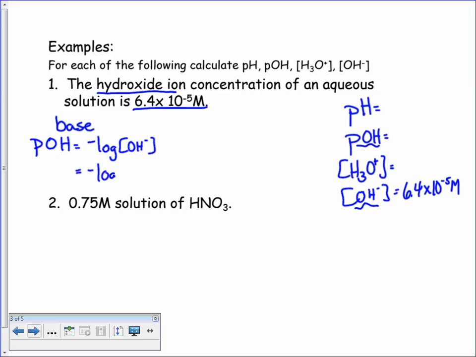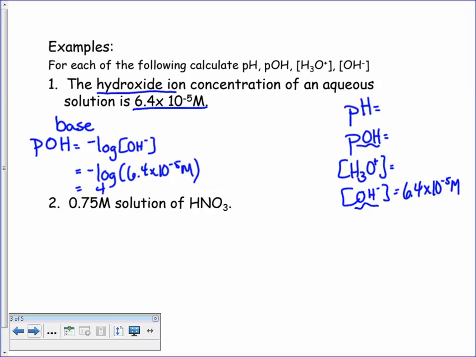Therefore, this pOH is the opposite of the logarithm of 6.4 times 10 to the negative 5 molar. In your calculator, ladies and gentlemen, it's basically two buttons. If you find the logarithm button, which is generally to the left of the 7, you're just going to put in your calculator negative logarithm 6.4 exponent negative 5.